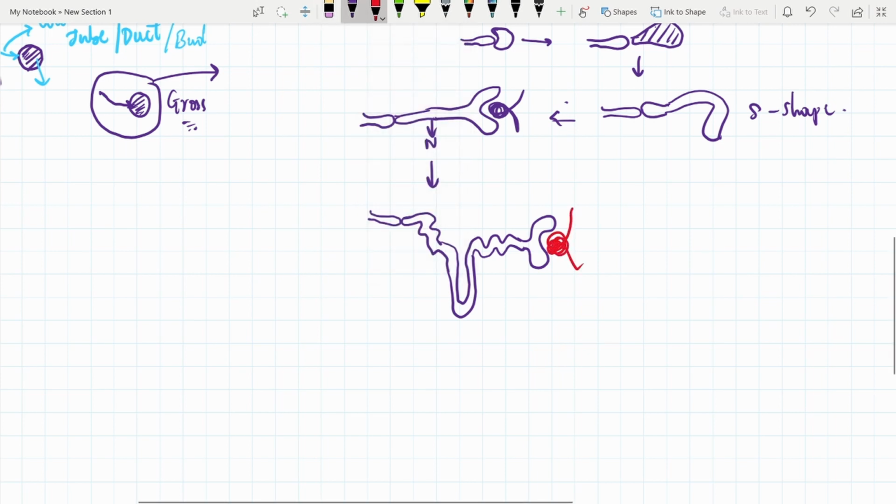So nephron is formed. Now the excretory system is formed. Excretory unit. What is that? Nephron, right?